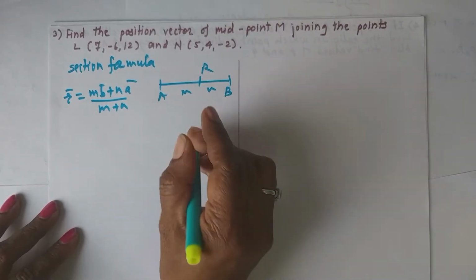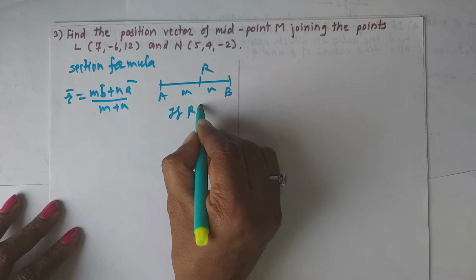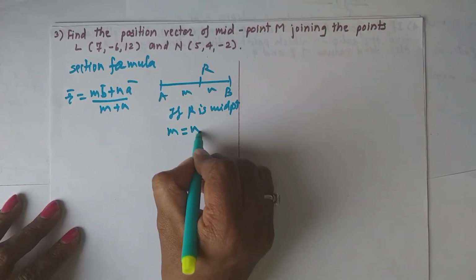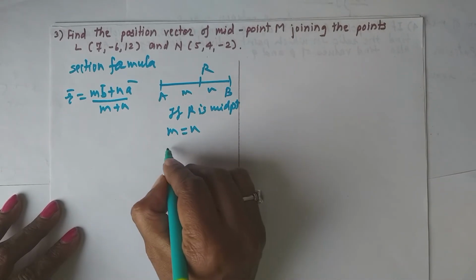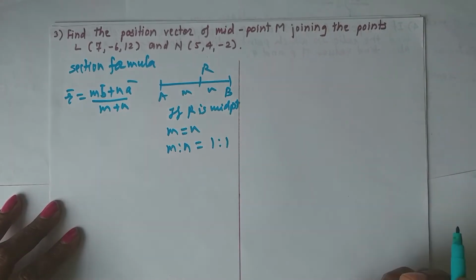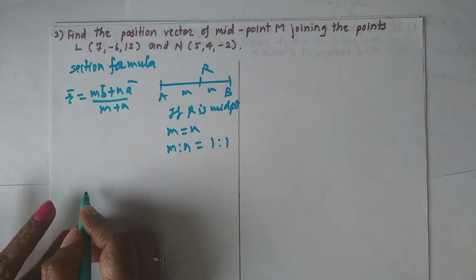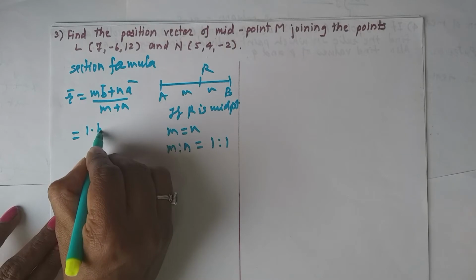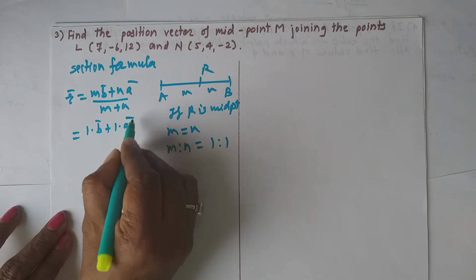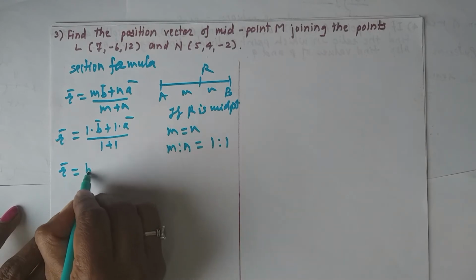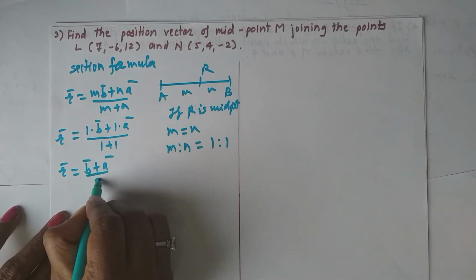Now, if R is the midpoint, then the values of m and n should be equal. This ratio m is to n is nothing but 1 is to 1. If I put m as 1 and n as 1 in this formula, then it becomes R bar is equal to (B bar plus A bar) divided by 2.